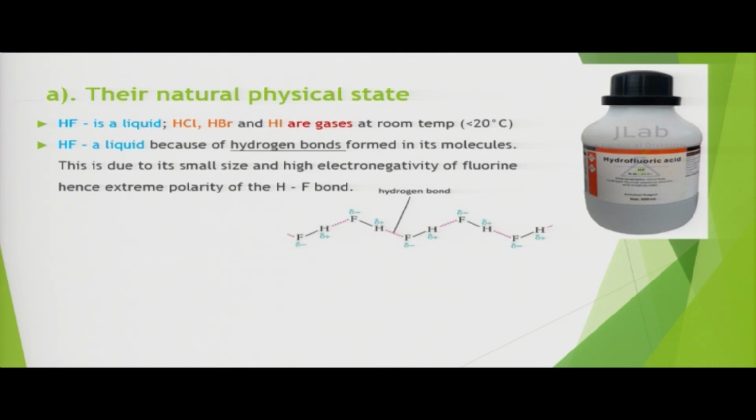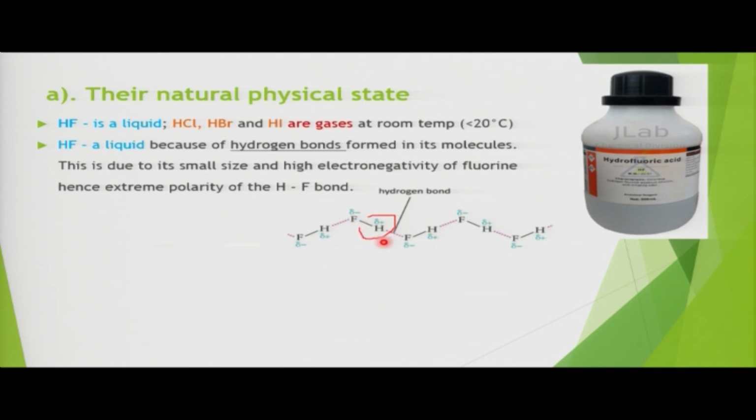The end product is you will have fluorine having more electrons compared to hydrogen. So this creates a higher positive charge on the hydrogen atom, which we term as partial positive, with fluorine having a partial negative because of more electrons.